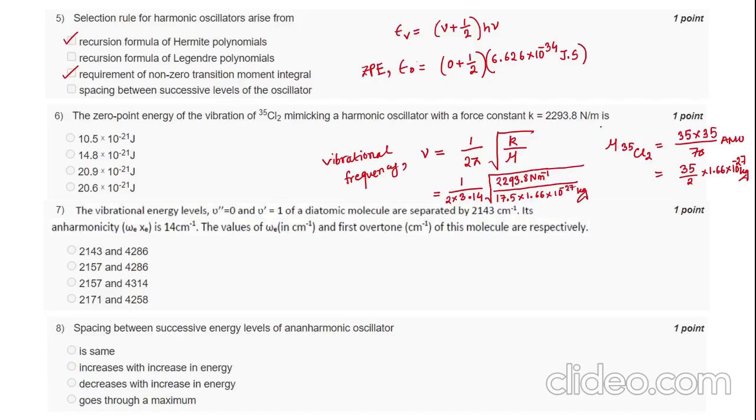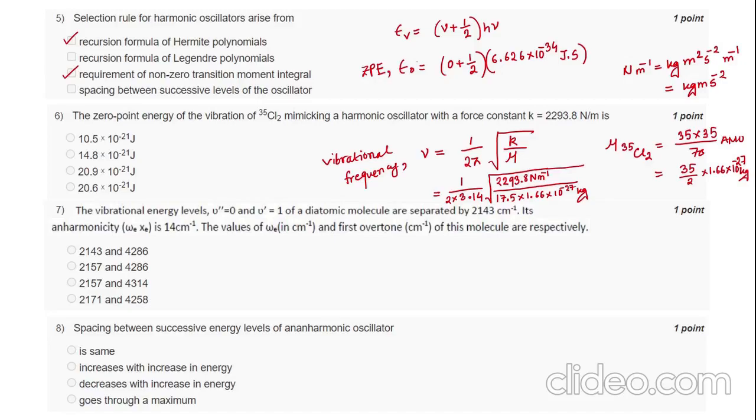Actually the Newton meter inverse is kg. What is Newton? Kg meter per second square.